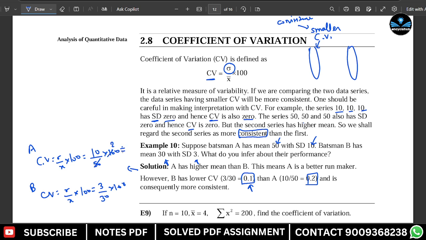So the coefficient of variation for A is 20, and for B it is 10. The coefficient of variation is lower for batsman B, but because of the higher mean, our answer will be A.